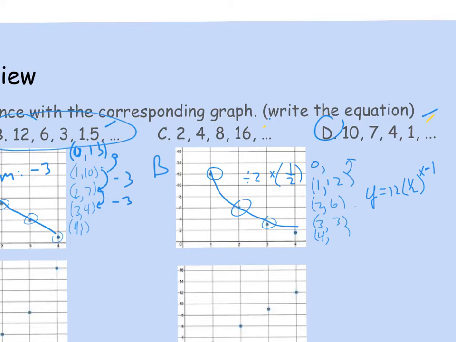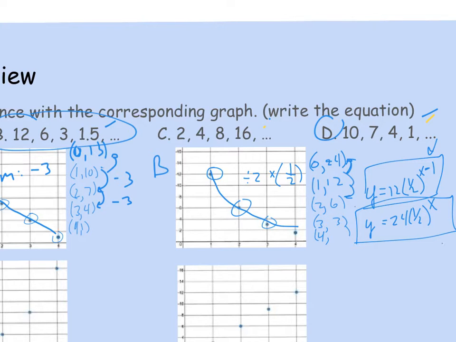That would be 0, 24, because if you're multiplying by 1/2 going down, you would divide by 1/2, and 12 divided by 1/2 is 24. So you could also go with 24 times 1/2 to the x power. You could use either one of these. If it's the first term, you say x minus 1. If it's the term before the first term, you can just go with x.